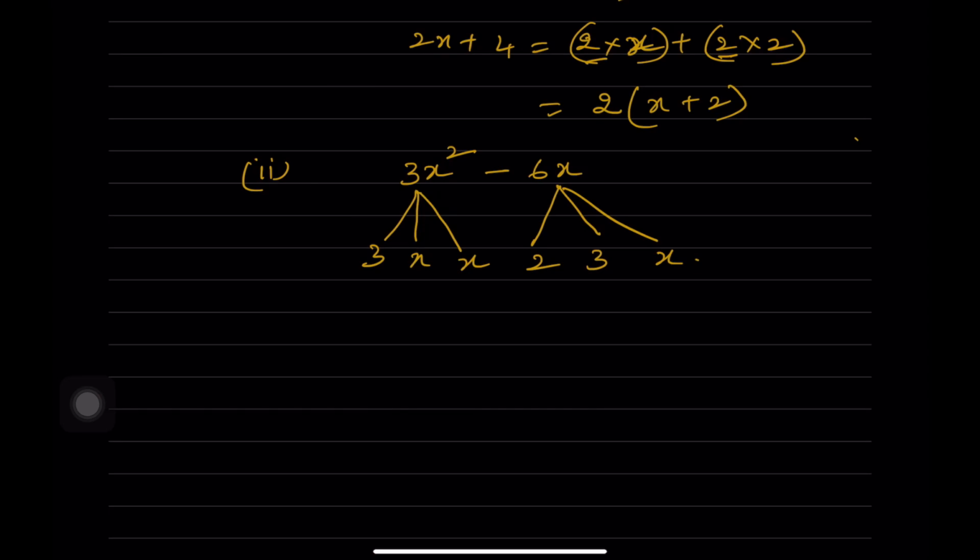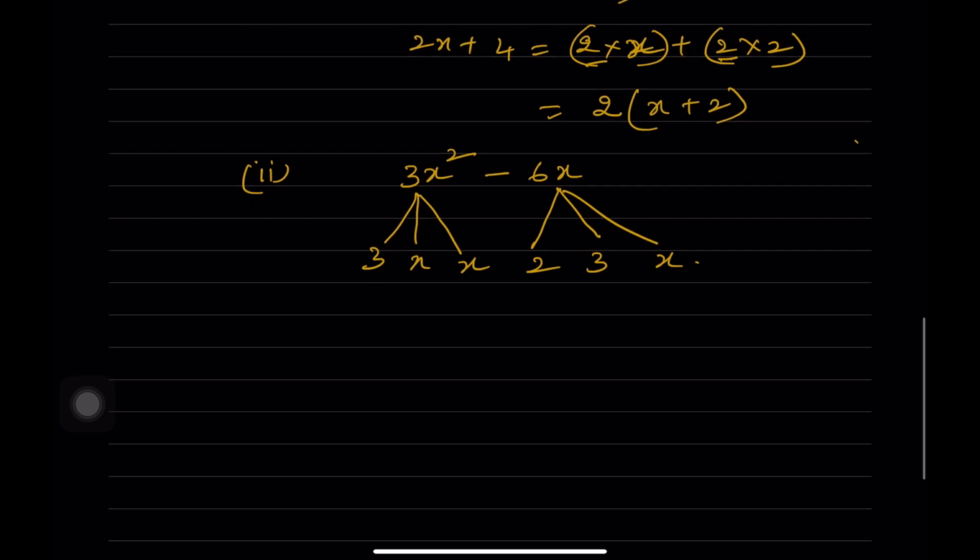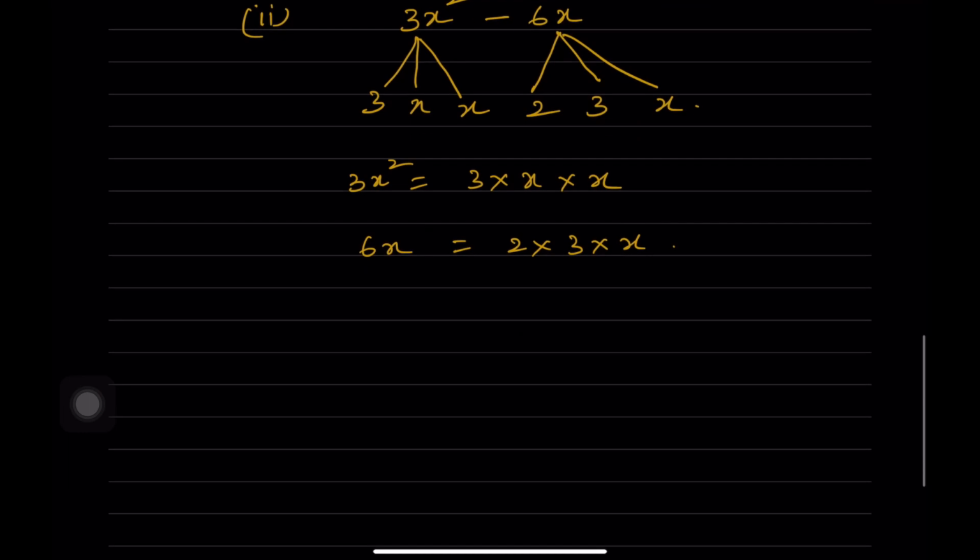So 3x square minus 6x can be written as 3 into x into x minus 2 into 3 into x.